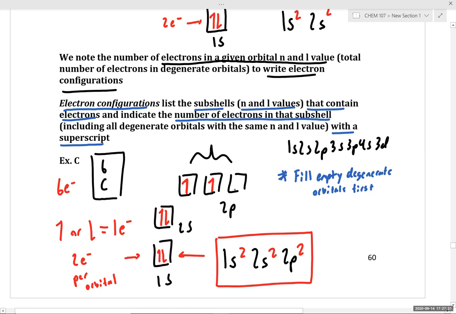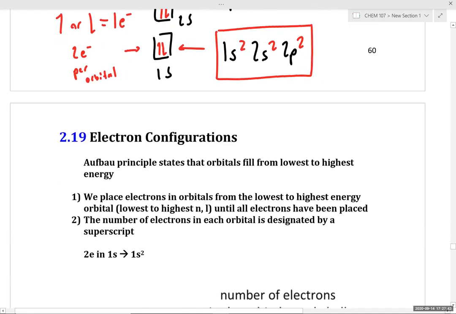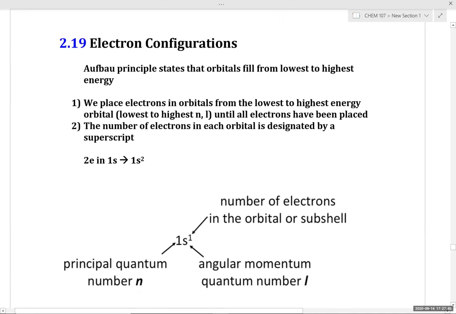Okay, thank you. And to elaborate on that, let's unpack these electron configurations a little bit. We know that we fill our orbitals from the lowest to highest energy.